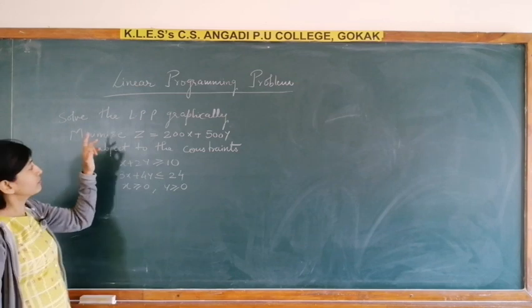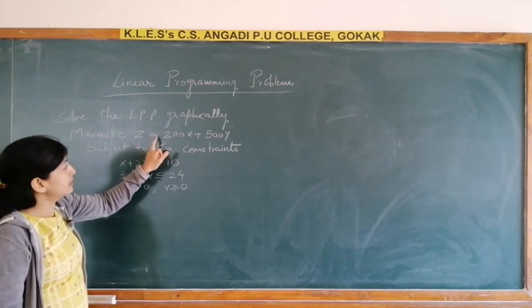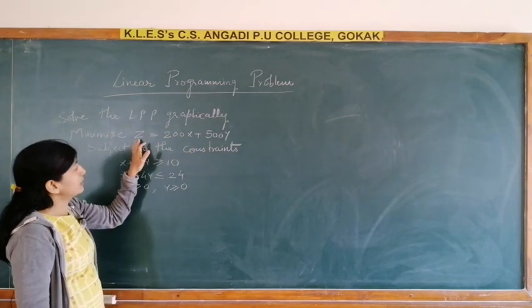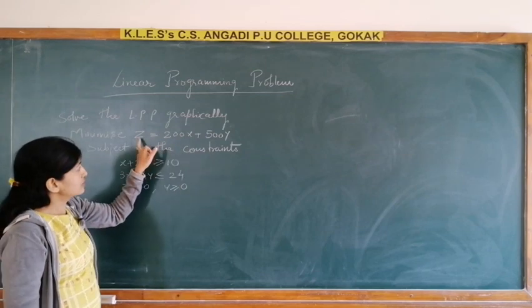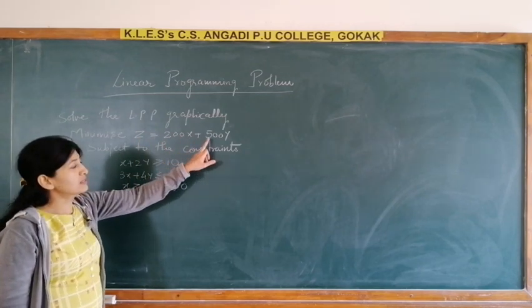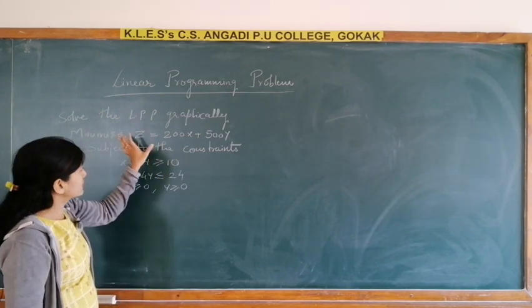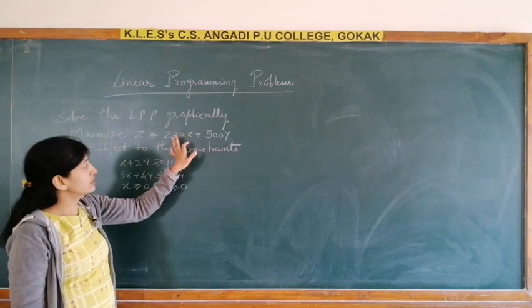Now see here, this is the objective function, z is equal to 200x plus 500y. Objective function is always in the form of z is equal to ax plus by, where a and b are constants. What is a here? 200.